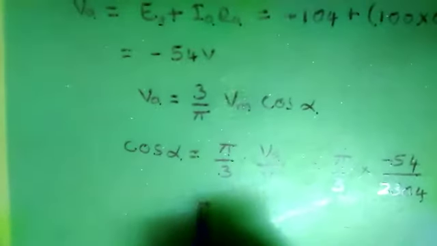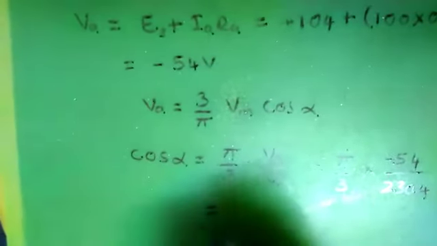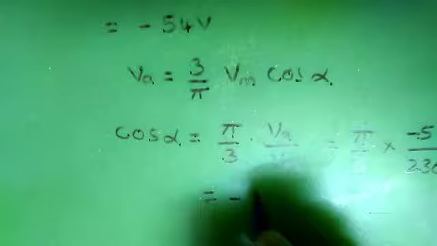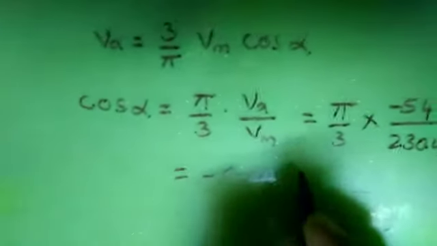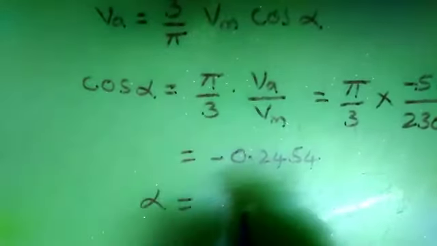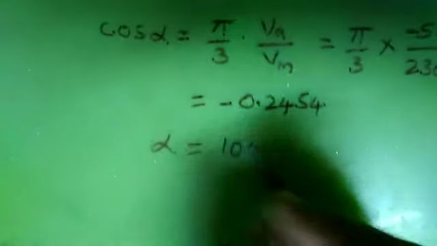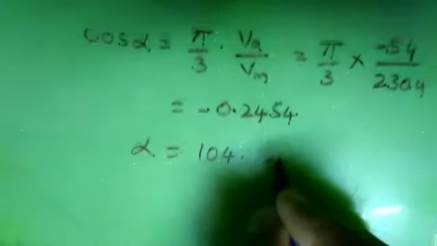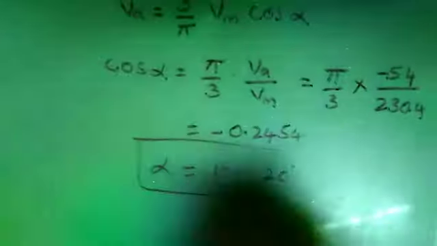So I got cos alpha as minus 0.2454. Taking the cos inverse of this value, alpha is 104.20 degrees. So this is what was asked.